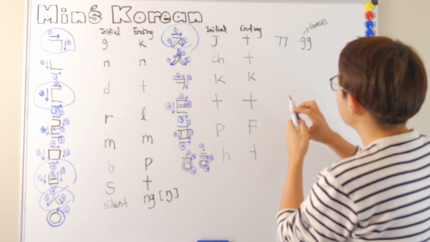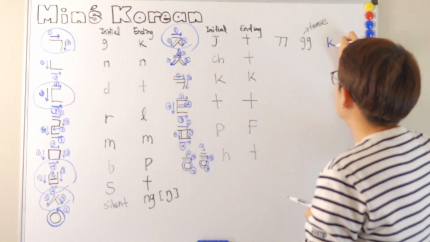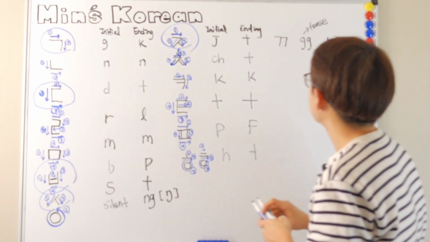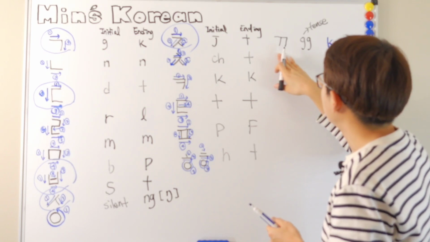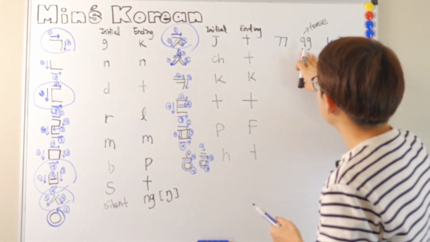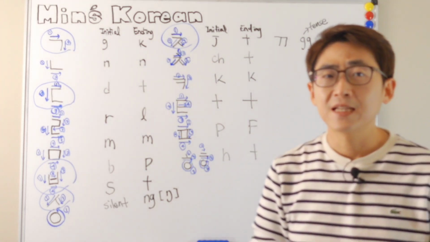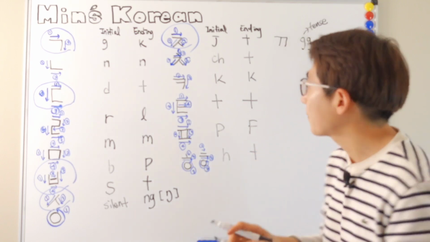And when it's used as an ending, it's just the same sound as the other one, 기역, okay? So again, this one is 쌍기역, and when it's used as initial sound, it makes the very tense g, g, gi, gi, okay?